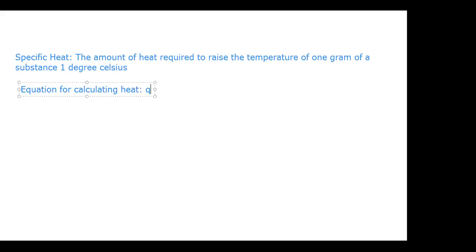Q equals C times M times, and this would normally be a triangle, a delta sign, so I'll just type in delta, and in parentheses I'll put triangle, T. So this equation is Q equals C times M times delta T.